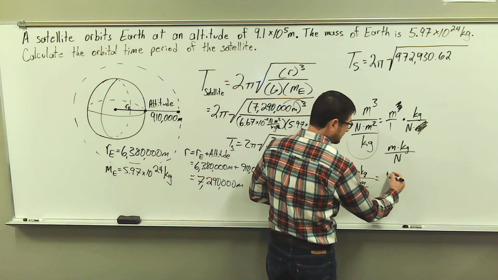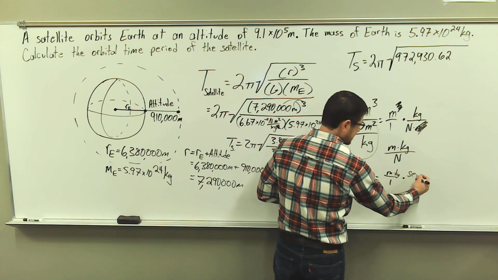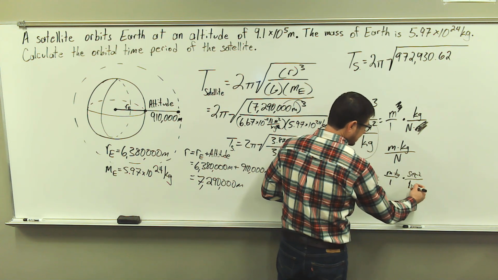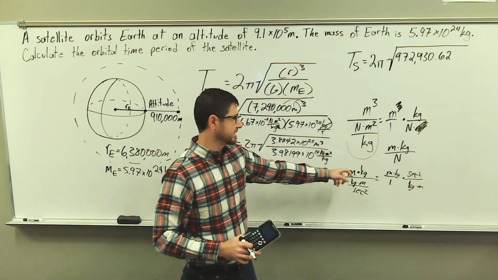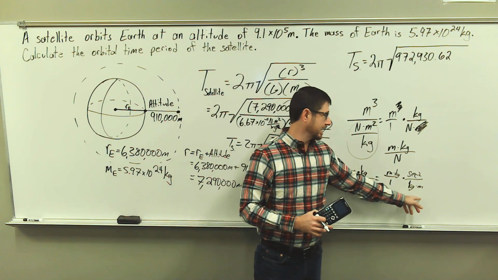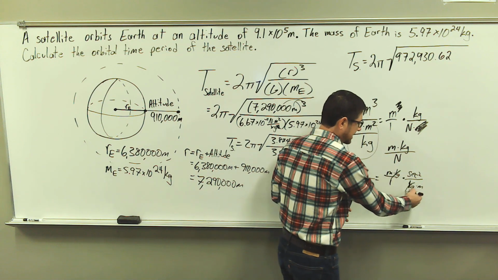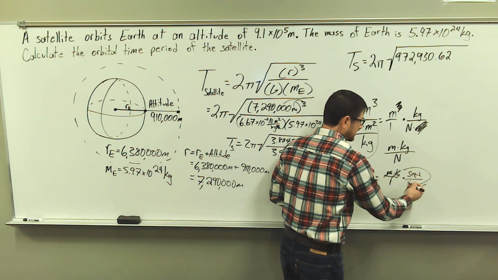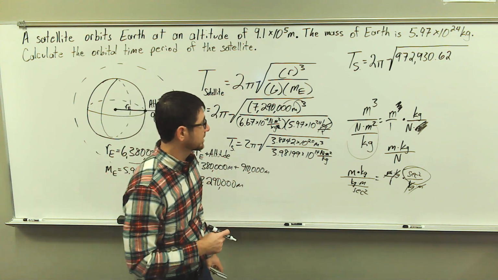This is going to give me meter kilogram over 1 times second squared over kilogram times meter. So as you can see, we have a meter times kilogram in the numerator here. We have a kilogram times meter in our denominator, so our kilograms cancel, our meters cancel, and that's going to leave us with units of second squared, okay?